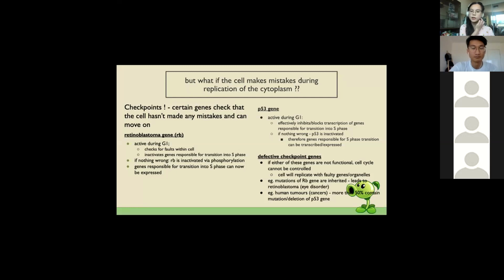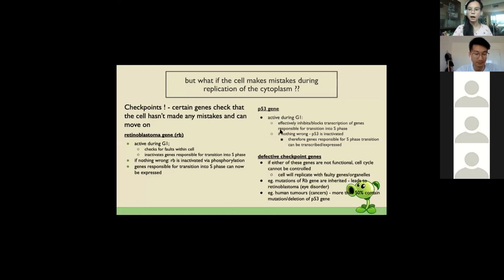Because they've blocked those genes, the cell cannot move on to S phase. If there is something wrong, the cell can't keep going into the next phase. But if there is nothing wrong, or if something has been fixed, these genes will be inactivated, and so the genes that allow the cell to transition into the next phase are activated, they can be expressed, and the cell can move on.